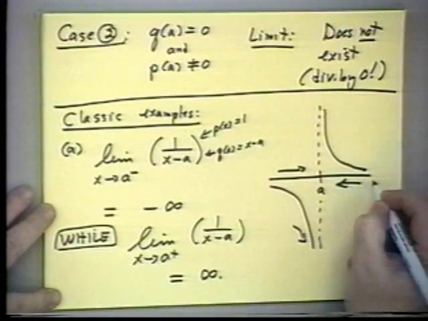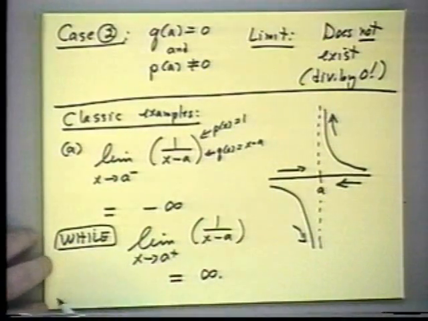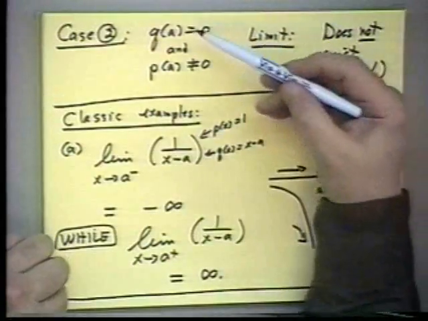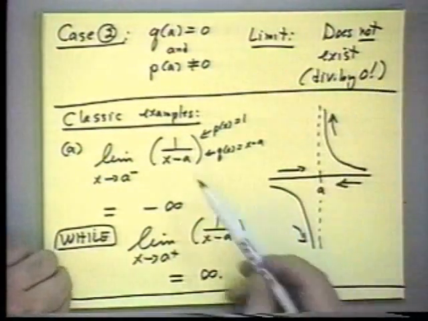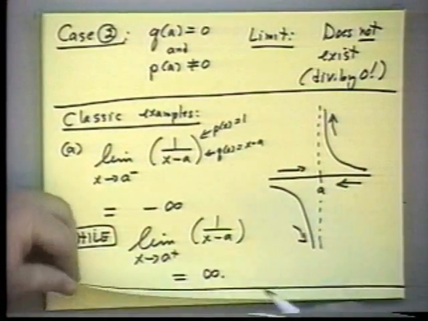If we come from the right, the function is growing without bound. So that's the first of these classic examples where q of a, the denominator, is 0, p of a is not 0. This is 1 over x minus a, and we have different limits on different sides.